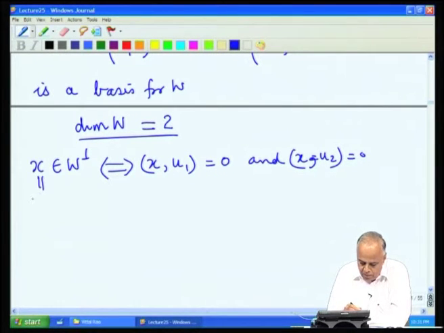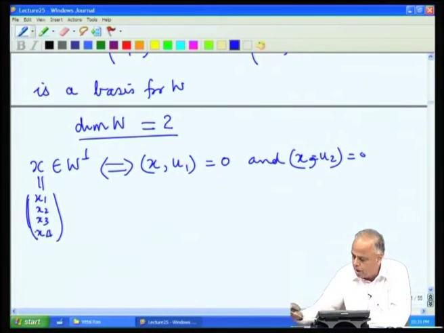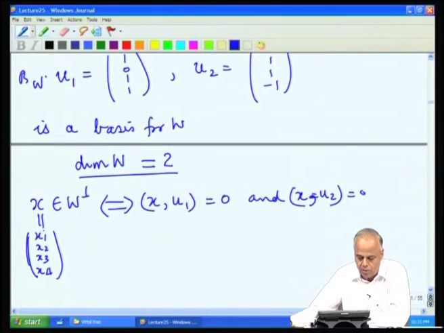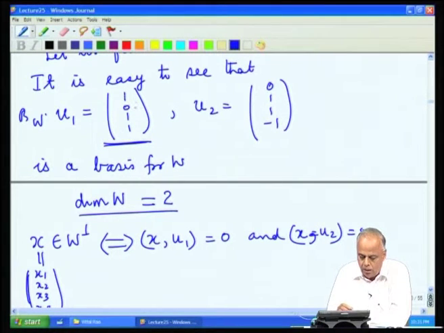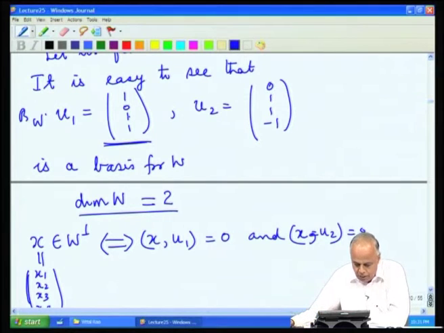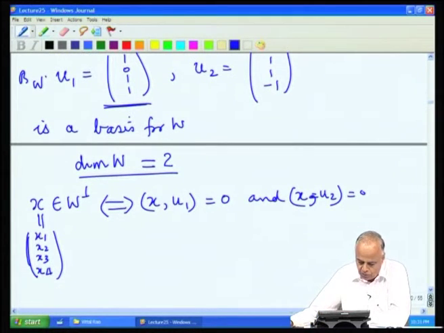Now, suppose x is (x1, x2, x3, x4). We are looking in the space R4, so x will have 4 components. What does the first condition say? x must be orthogonal to u1, so the dot product of x with u1 must be 0. So, x1 plus 0 times x2 plus 1 times x3 plus 1 times x4 is 0.